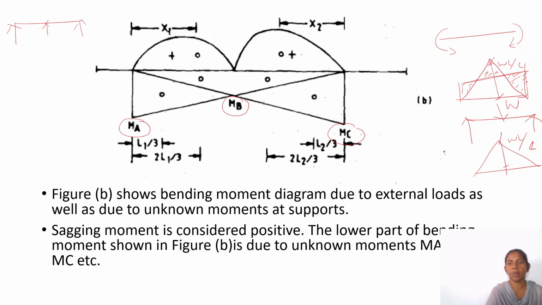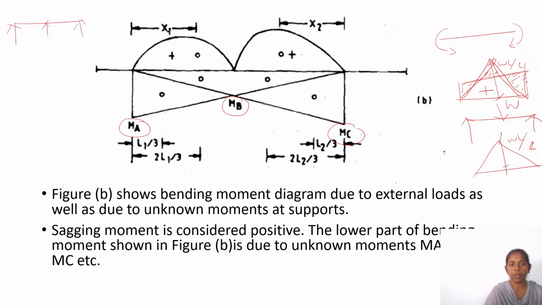In the same manner, this free bending moment diagram is always positive. That's why this diagram is superimposed on the upper side. And this moment will always be negative; most times it will be negative. So it is extended to the downward side.